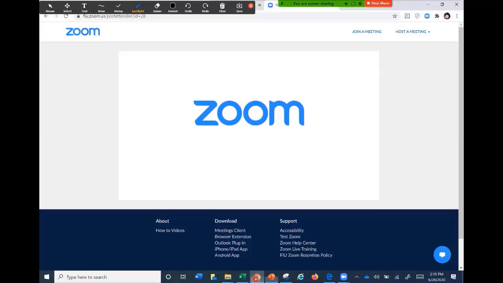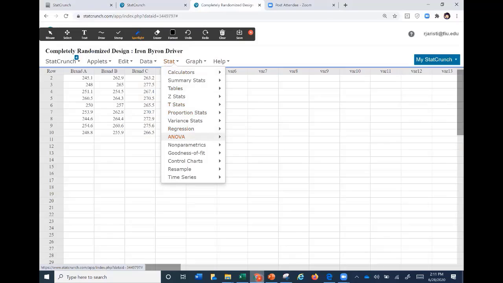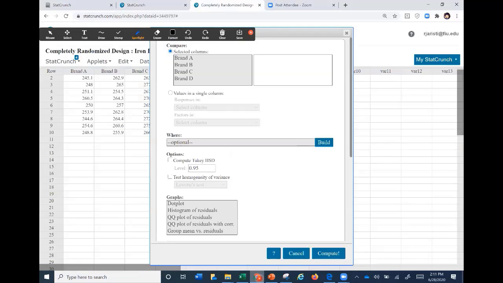Let's go to StatCrunch. This is the problem. We can send this data directly to StatCrunch or to Excel. When we have the data in StatCrunch, let's go to Stat, and in Stat, let's go to ANOVA. Because we have only one factor in this problem, which is the brand, select One Way.